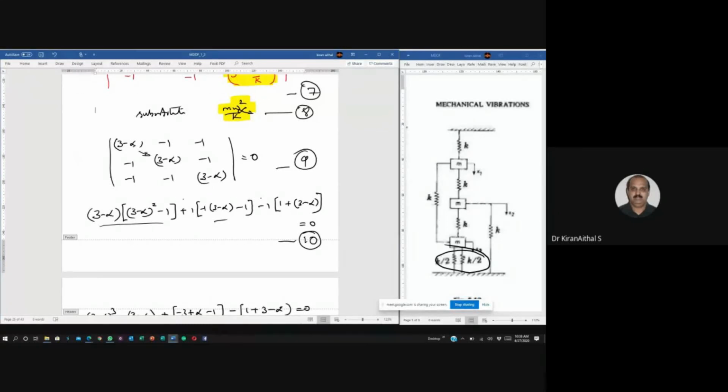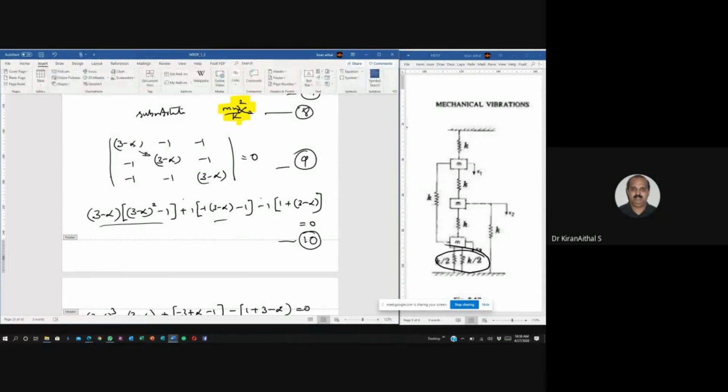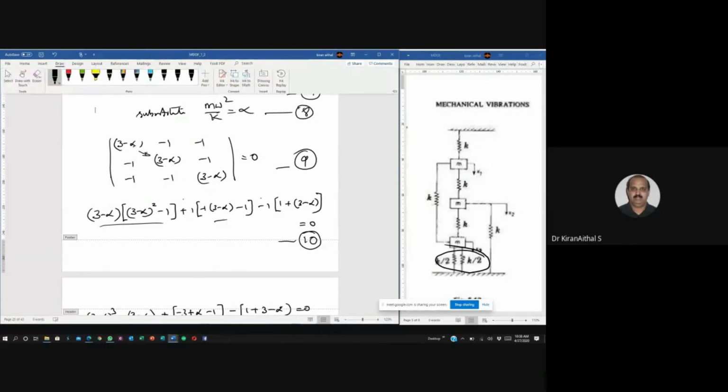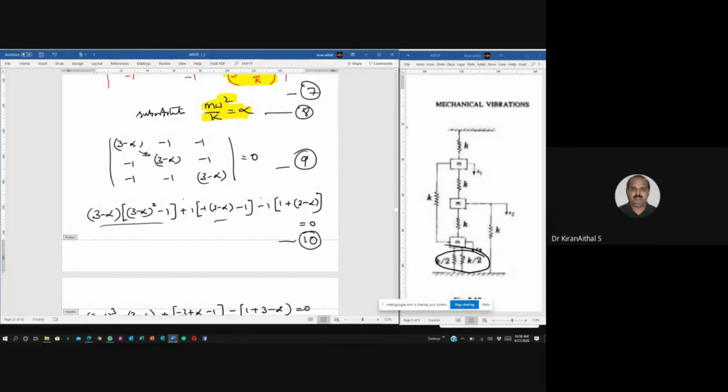M omega square is equal to alpha, correct or not? So this is the assumption we made. Correct or not? M omega square by k is equal to alpha.